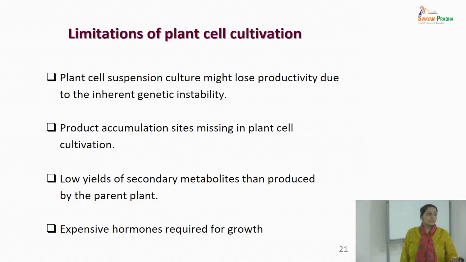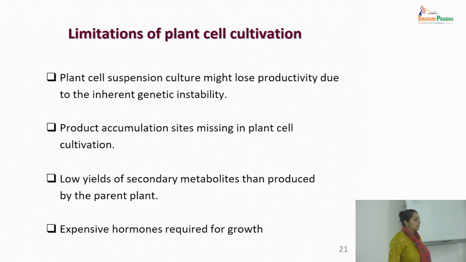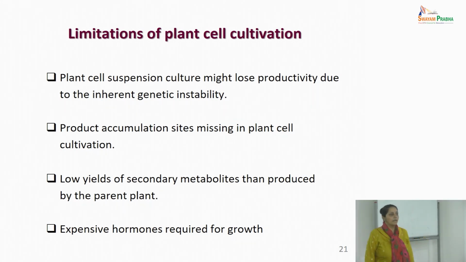Product accumulation. Now, cell suspensions we were talking about, Professor Nathalie also hinted that it is compartmentalized, sometimes in different tissues, the biosynthetic pathway. You may end up in a scenario where your cell suspension is not showing you any product. It is undetectable. Low yields of secondary metabolite than produced by the parent plants most of the times.